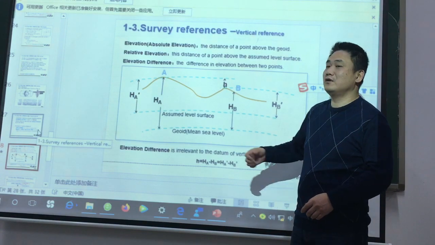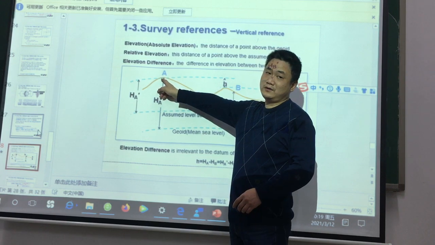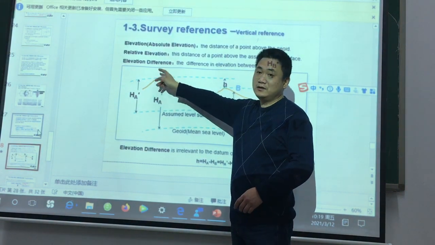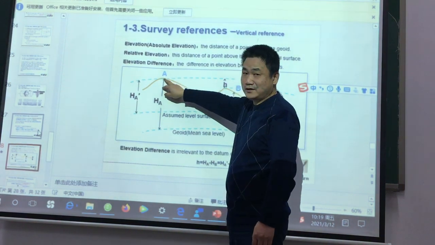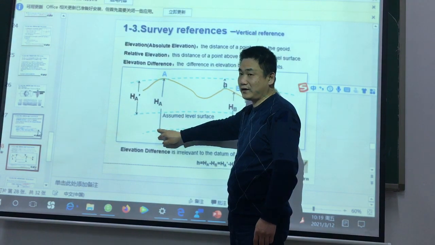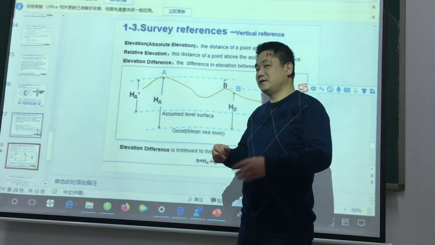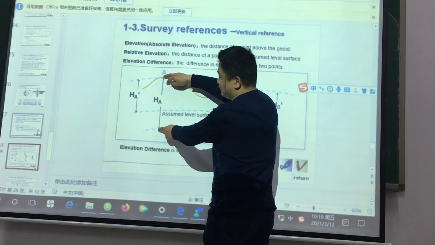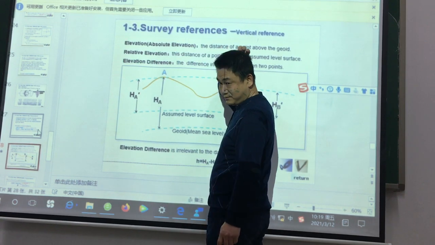So for the top of a mountain or some points on the ground surface, we say its elevation just means the distance along the gravity line to the standard surface. If the standard surface we use is the geoid, that means this distance is the absolute elevation.